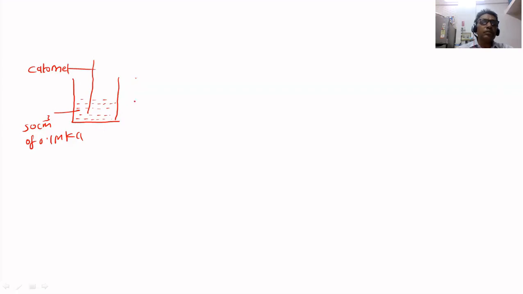In another beaker, which should be kept at the right hand side, we have to take the given diluted Fe-second solution. The volume of the Fe-second solution is 10 ml, 10 cm cube. So 10 cm cube of diluted ferrous ammonium sulphate solution.